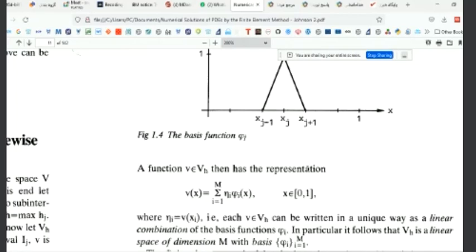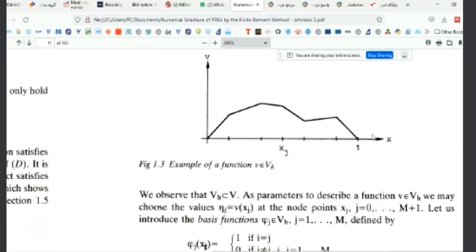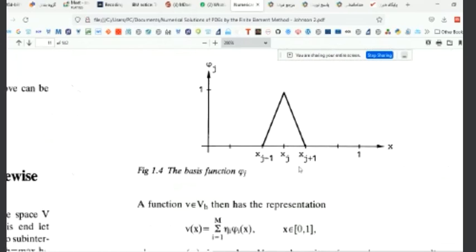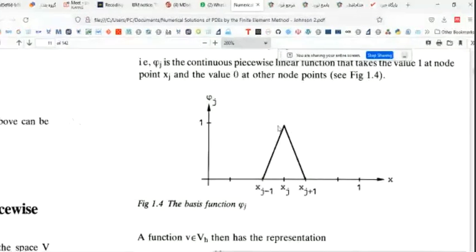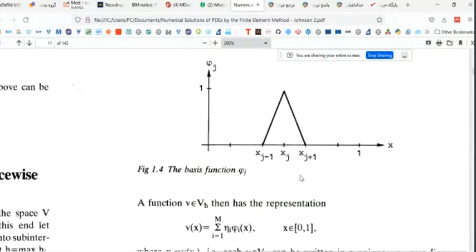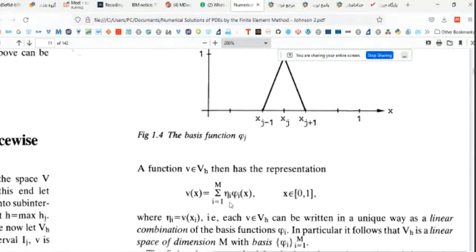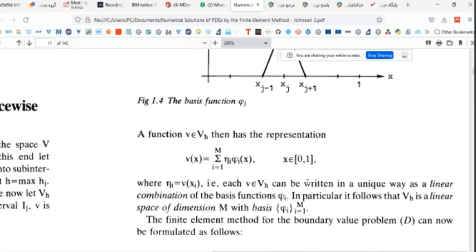A function v in V_h can have the representation: every function such as the one in this figure can be represented by a linear combination of triangular-shaped psi, as v(x) equals the sum over i from 1 to n of eta_i psi_i(x), x in 0 to 1.